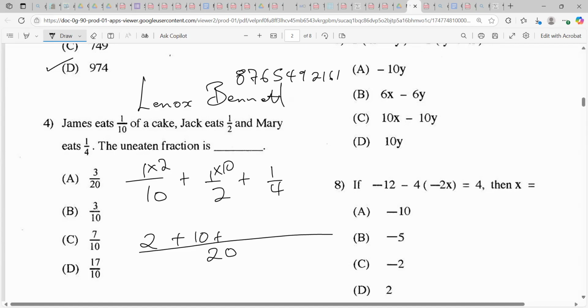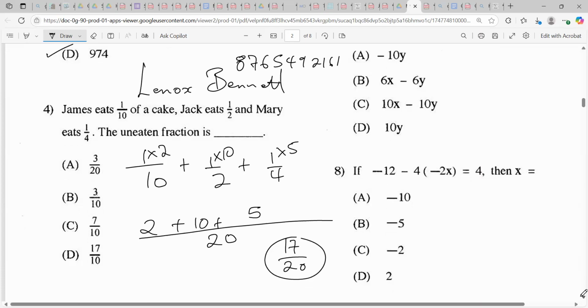And of course, 4 into 20 goes 5 times. So let's add to get the total. 2 plus 10 plus 5, which gives us 17. So this will have been 17 over 20. So this represents the total cake that was eaten.